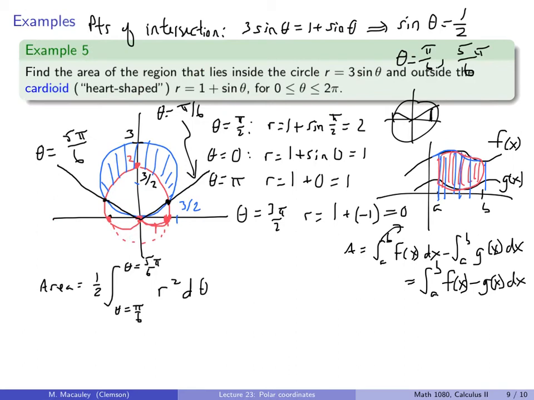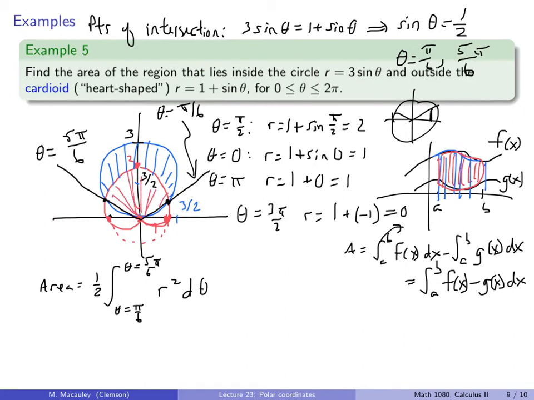So similarly here, we want to compute this entire area under the blue curve minus the area under the red curve. So we want to subtract this off.